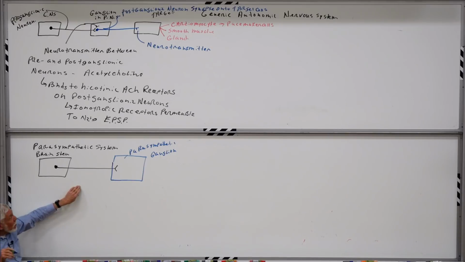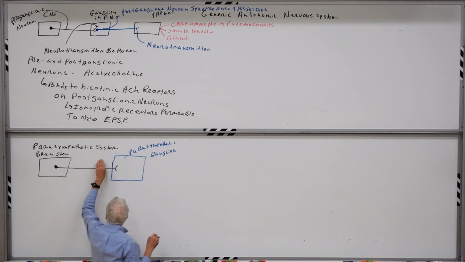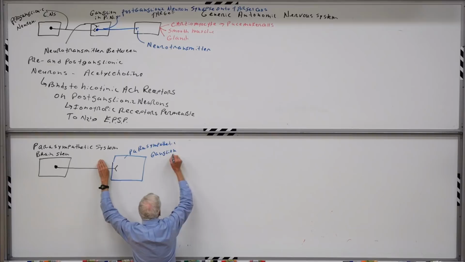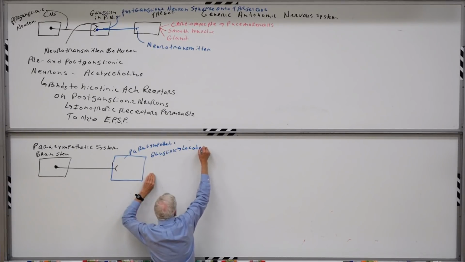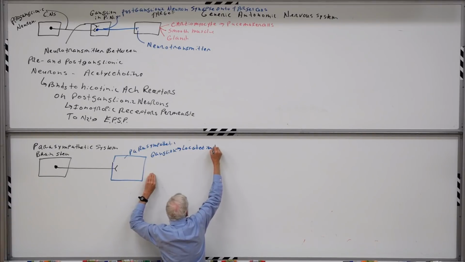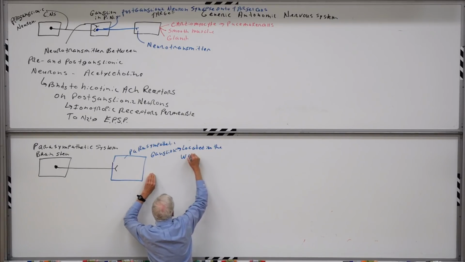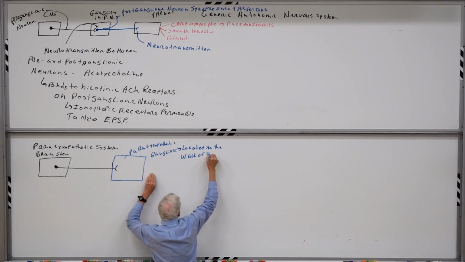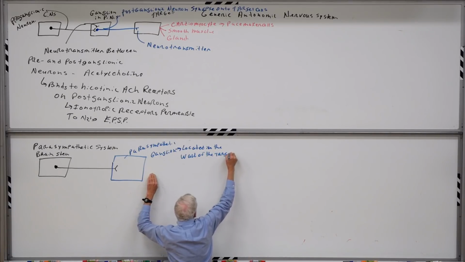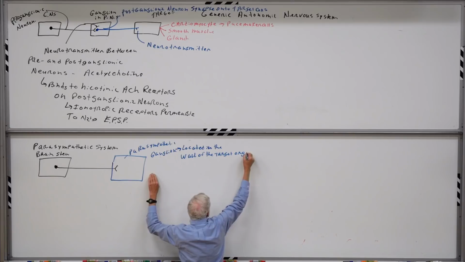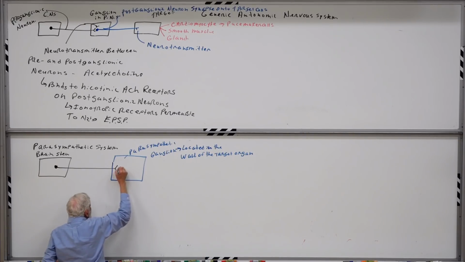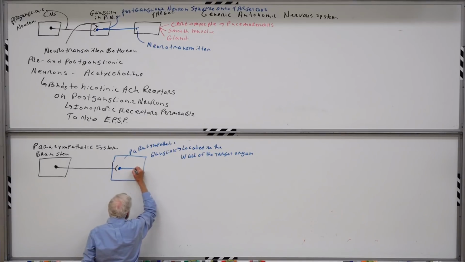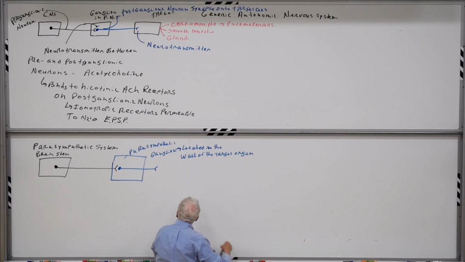Usually, the parasympathetic ganglion for this branch of the autonomic nervous system is located in the wall of the target organ. So then this is the postganglionic neuron going out, sending a process to the target organ.